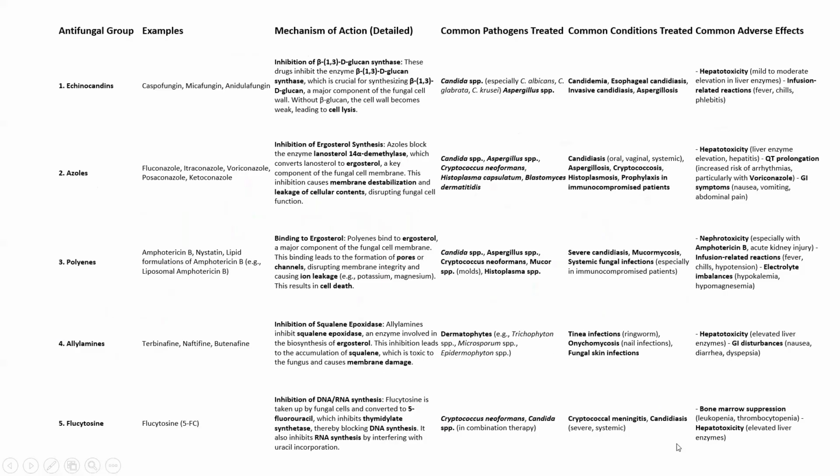We often use it for candidiasis and cryptococcal meningitis as first-line therapy. But often we give flucytosine in combination, rather than alone, because it has a high tendency to develop resistance. It has a bone marrow suppression element and is hepatotoxic. You can appreciate all the hepatotoxic drugs. So when we are prescribing antifungals, we need to check the liver functions, and polyenes' nephrotoxicity as well.